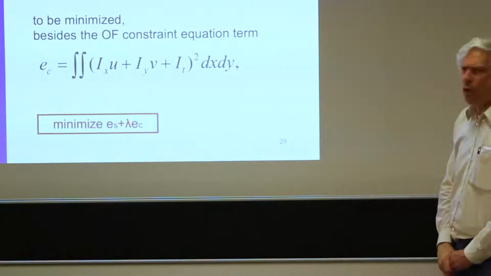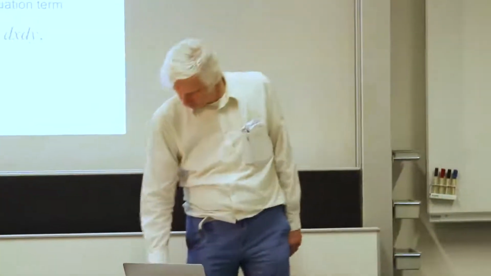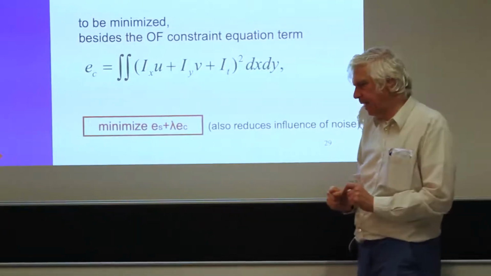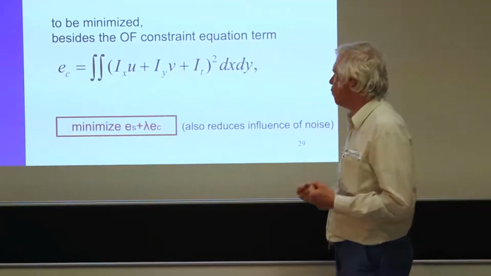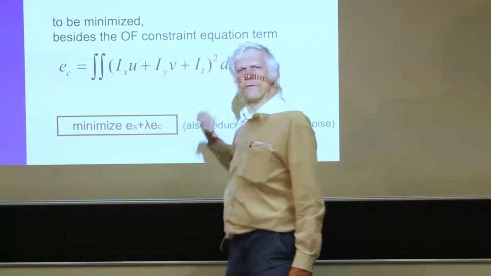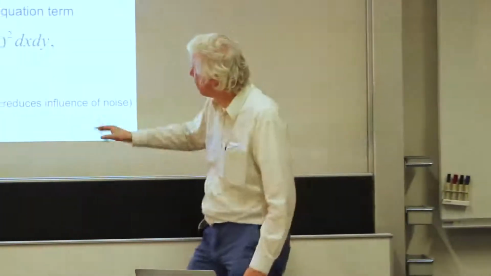It depends on your problem, on the data. So the smoothness constraint not only gives you this component orthogonal to the gradient, it also helps you to deal with noise that you will have when you are trying to get at all these derivatives. Right? So data are not perfect, they are noisy. So you will make mistakes in estimating those.